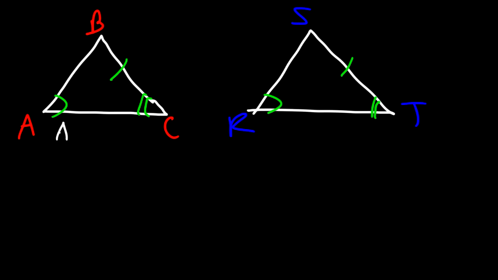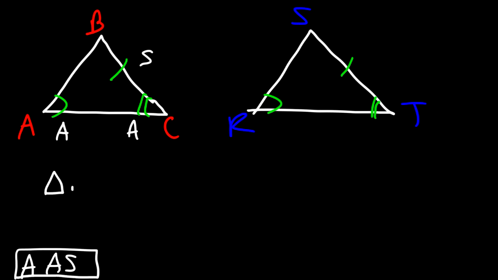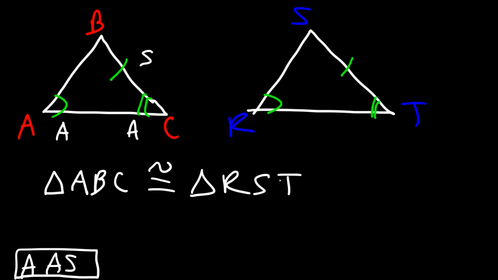So here we have an angle, an angle, and a side. So we could use the AAS postulate to make the statement that triangle ABC is congruent to triangle RST. And so that's the fourth postulate you want to know.